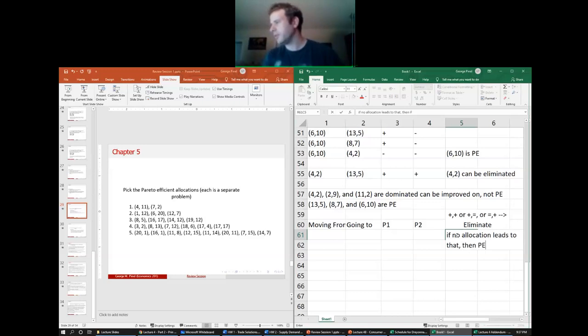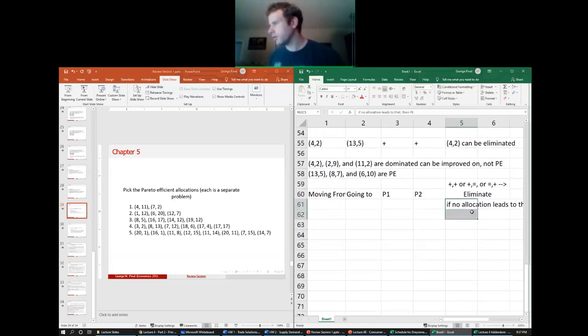then PE, okay? So basically what I want to do is go allocation by allocation. Moving from, going to, see if player 1 does better, see if player 2 does better. If I have a plus and an equals, that means I've made player 1 better off without hurting player 2. If I have an equals plus, that means I've made player 2 better off without hurting player 1. If I have a plus plus, that means I made them both better off.